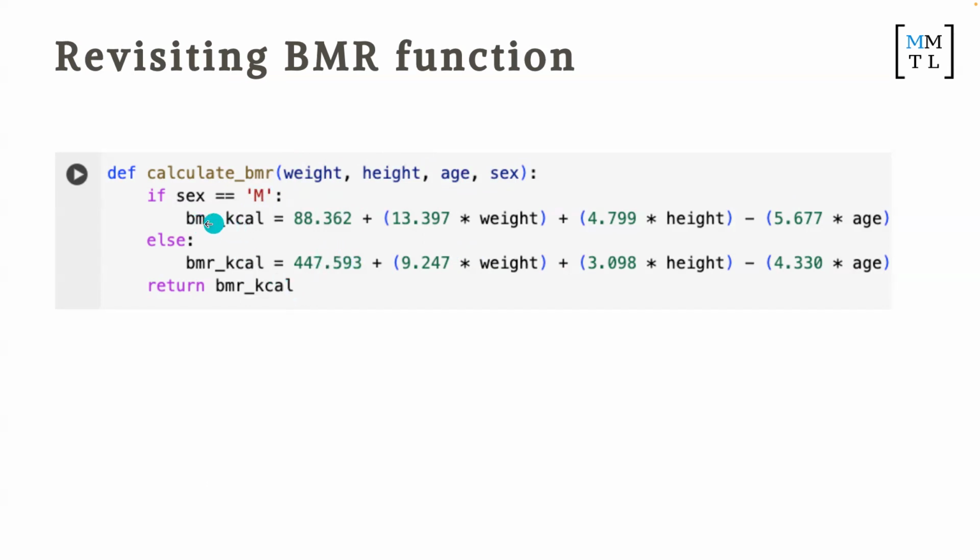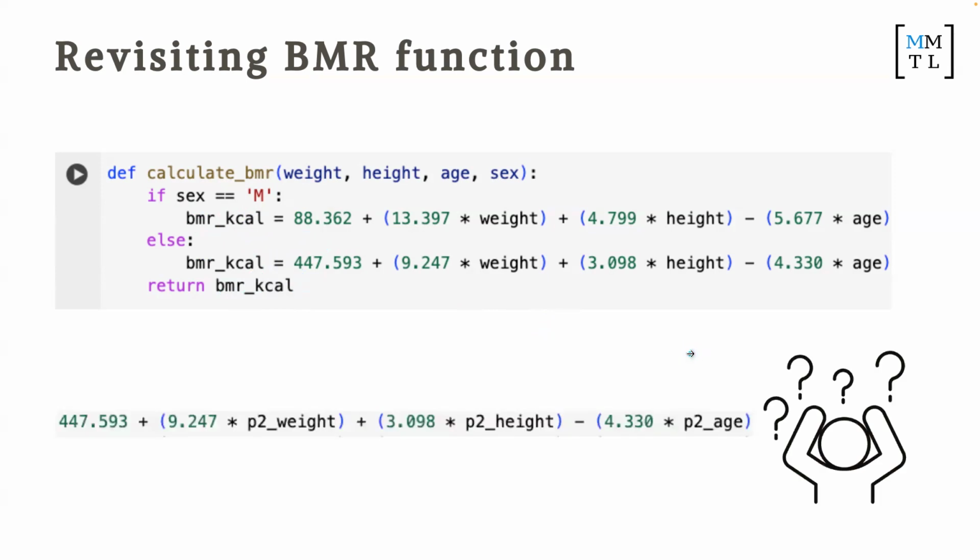See how we're storing this here: the BMR kilocalorie is either this or this, and we're returning that result. Again, if you see this just in the code somewhere, you have no idea what it's referring to. And it's so much less elegant than just calculate BMR, weight, height, age, sex.